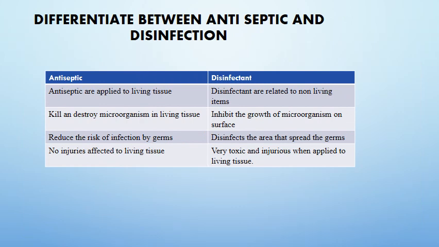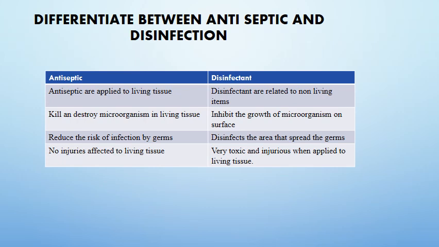Difference between antiseptic and disinfectant. First, antiseptics are applied to living tissue. Disinfectants are related to non-living tissues. Antiseptics kill and destroy microorganisms in living tissue, but disinfectants inhibit the growth of microorganisms on the surface.